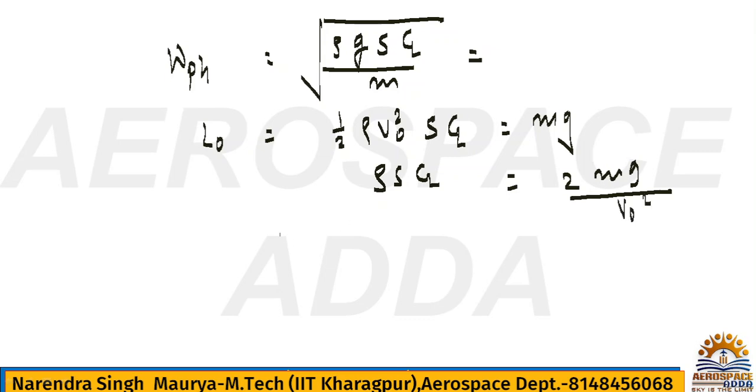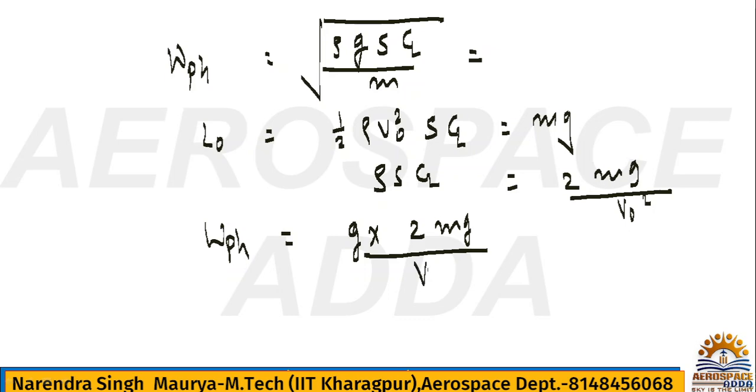Now you keep it here. What is the wph? We have rho SCL, and g is already there. Rho SCL you can replace by 2 mg divided by v naught square, and m is also there in the denominator.